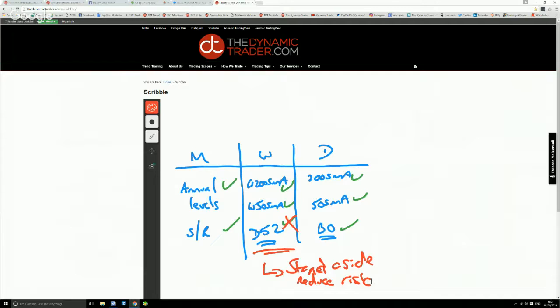And this really depends on the trend structure, how well it's trending, whether you're an aggressive trader. So these are the questions that you need to answer when you don't have your checklist met. Full allocation of risk, 2%. Partial risk, less than 2%.